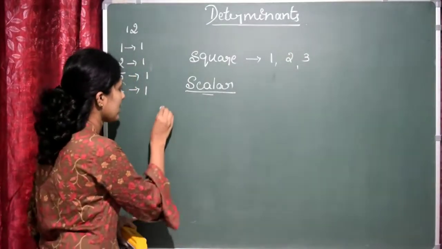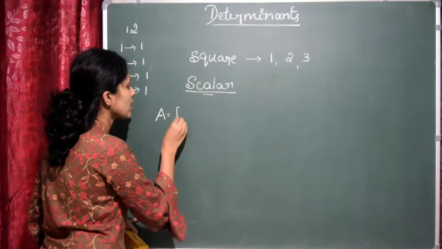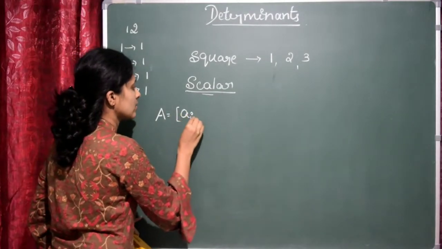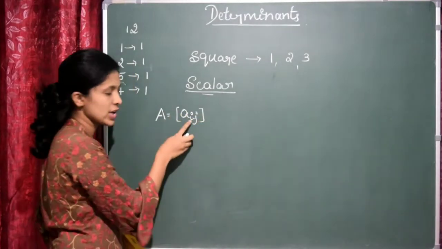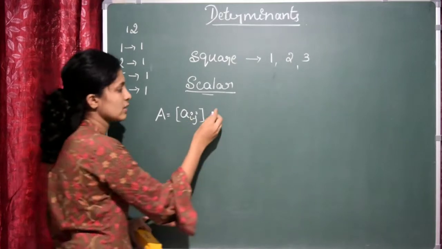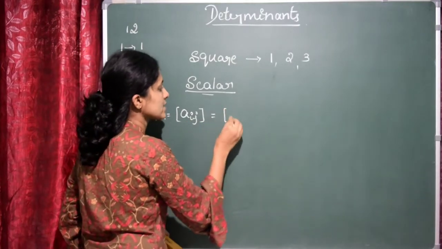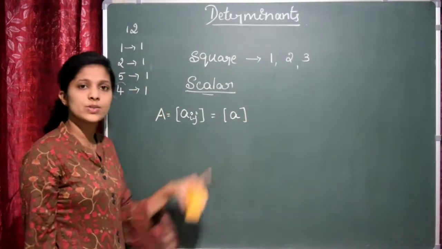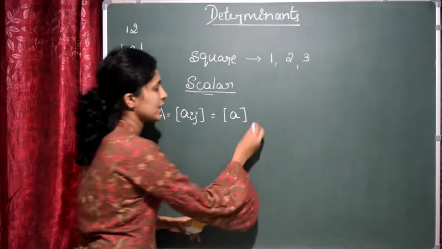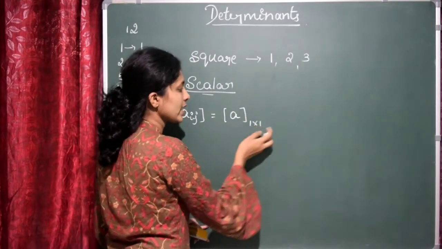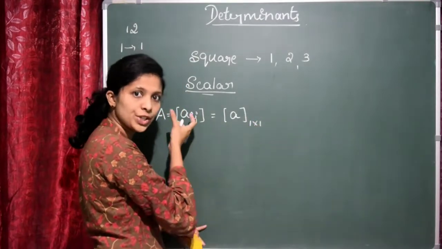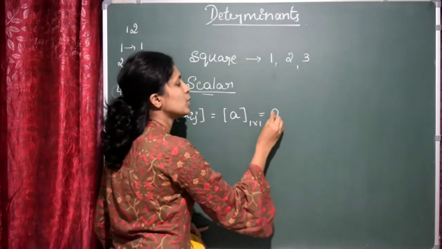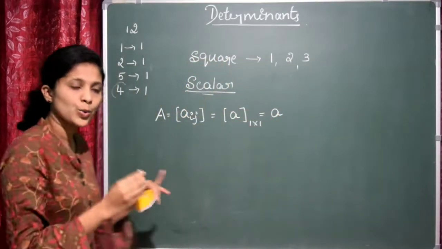Let me consider the matrix A is equal to Aij. This is the element in the ith row, jth column. How many rows and how many columns are there? It is exactly one row and one column, so this is a square matrix. The determinant of this matrix will be equal to A. How to represent the determinant?